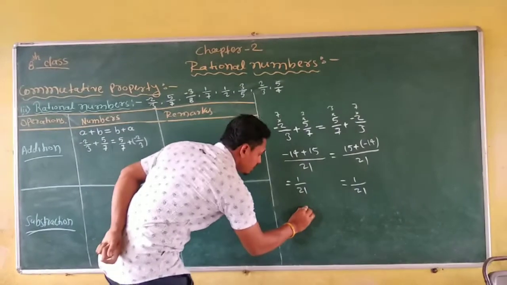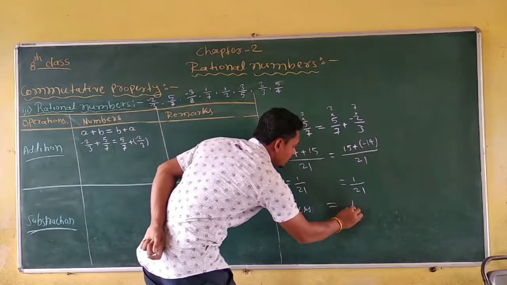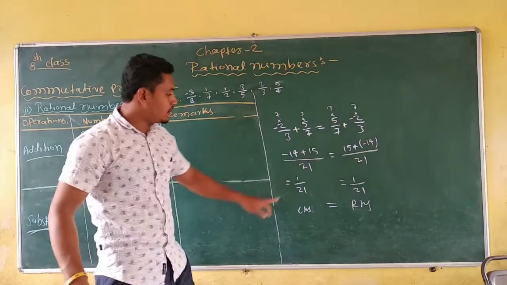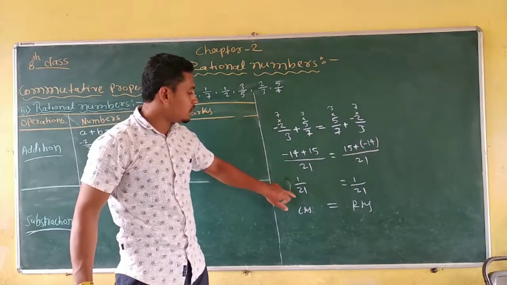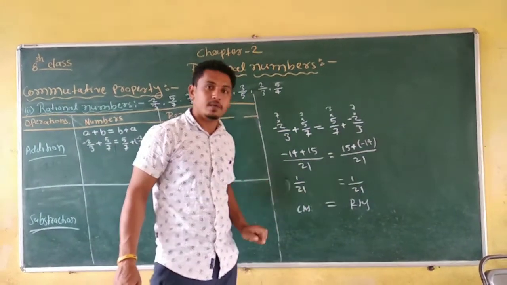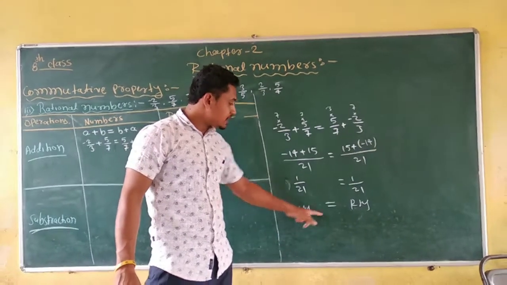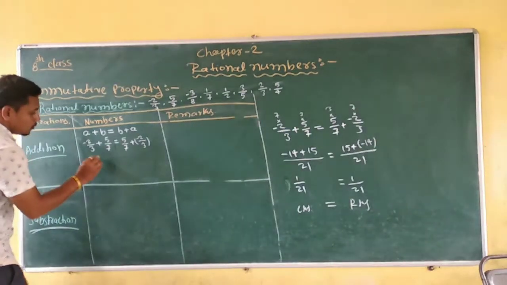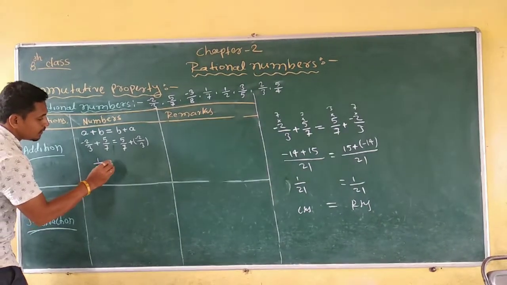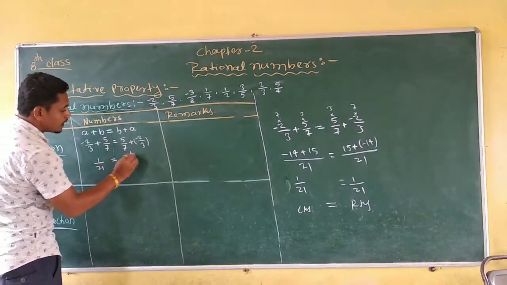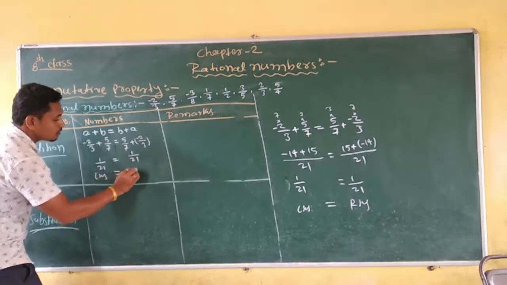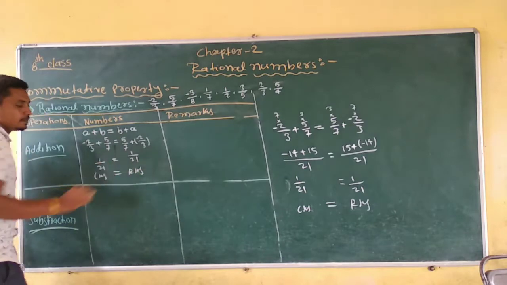So the left hand side is equal to the right hand side. 1 divided by 21 is equal to 1 divided by 21.